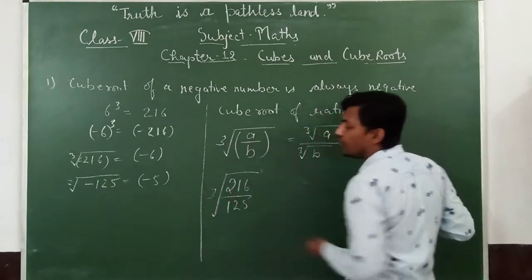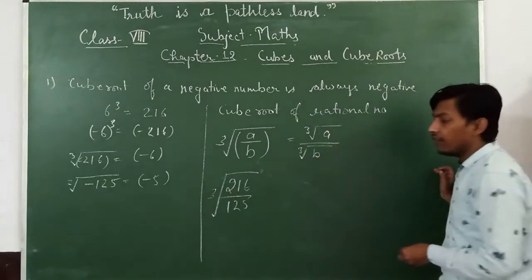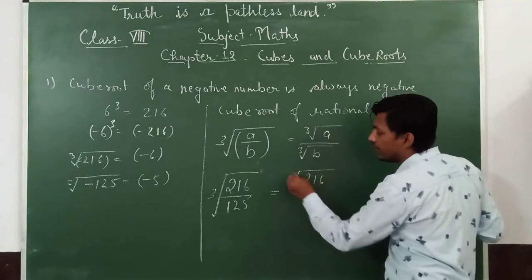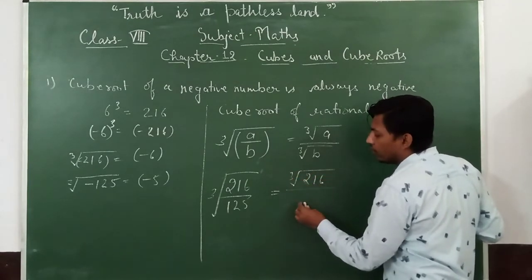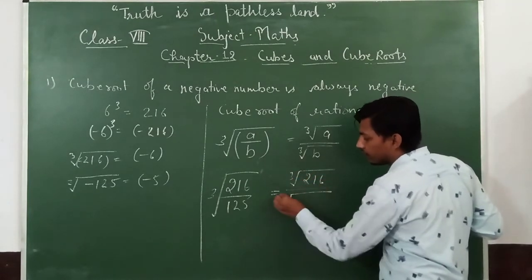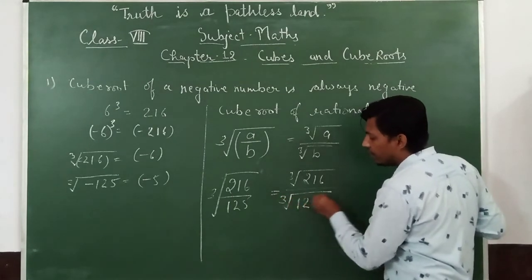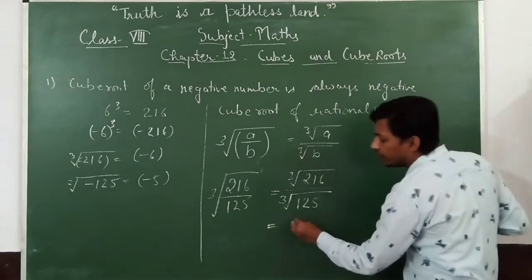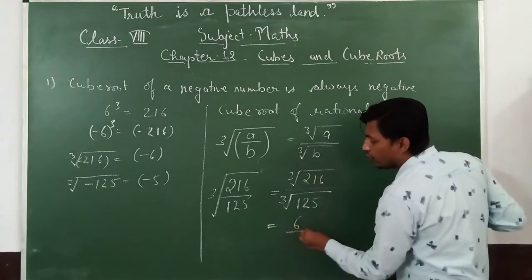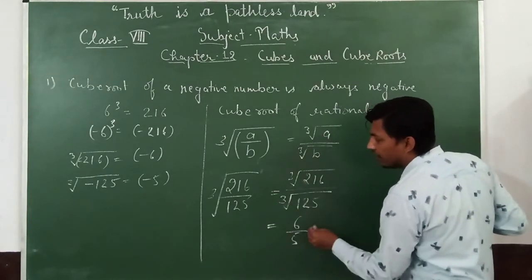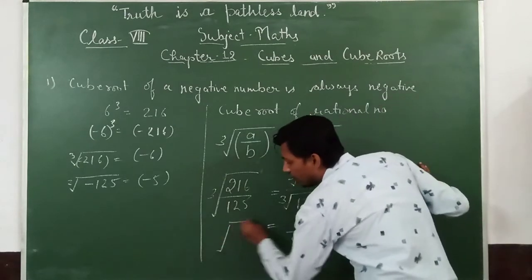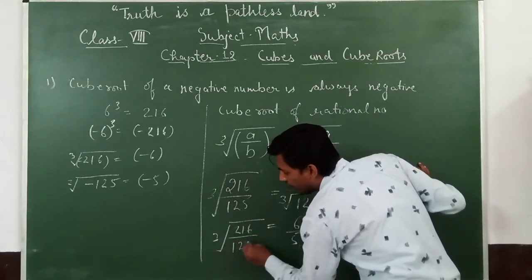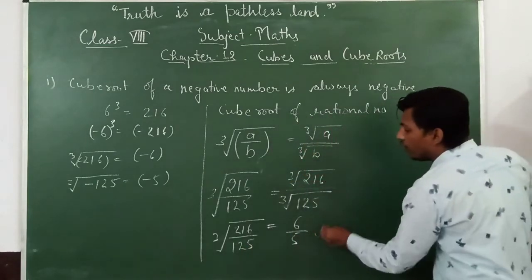Find the cube root of 216 upon 125. So distribute them: cube root of 216 upon cube root of 125. The cube root of 216 is 6. The cube root of 125 is 5. So the cube root of 216 upon 125 is 6 upon 5.